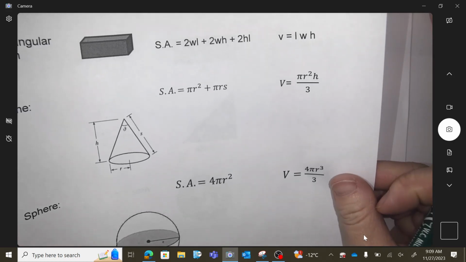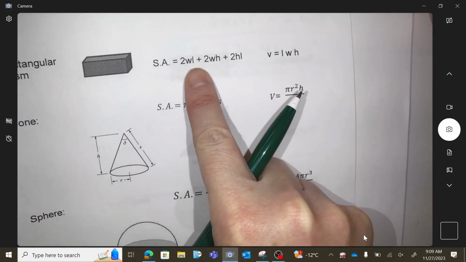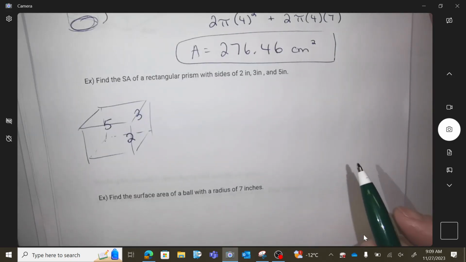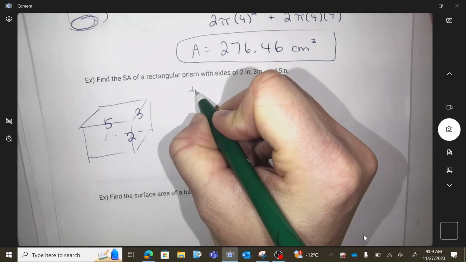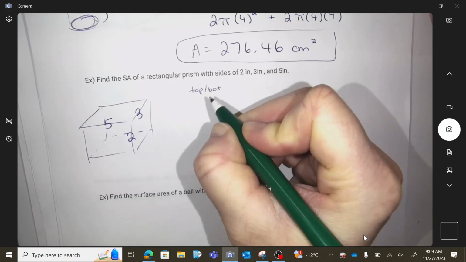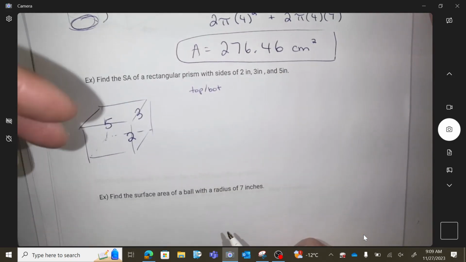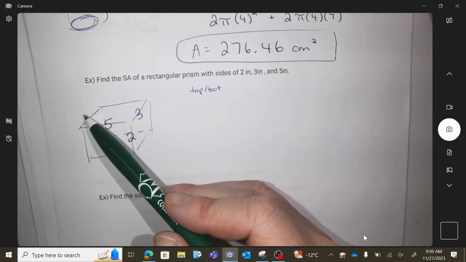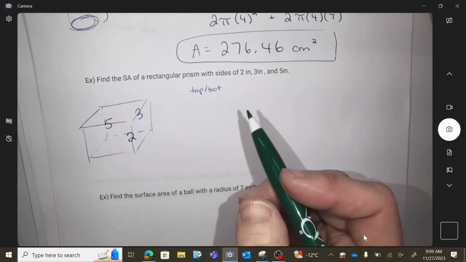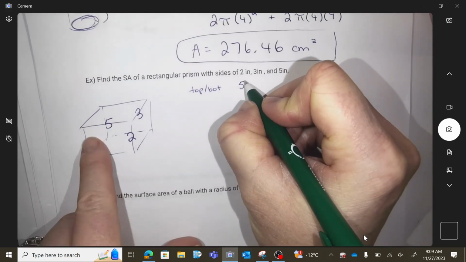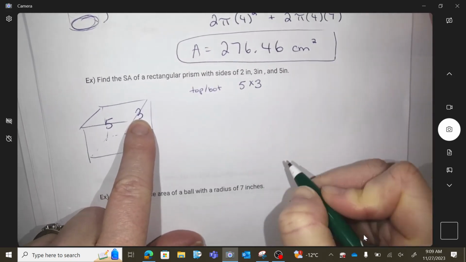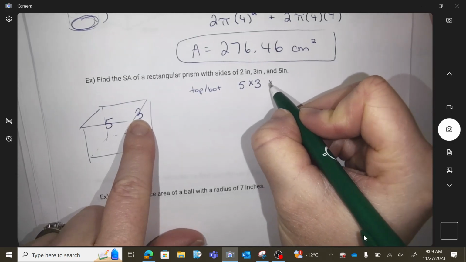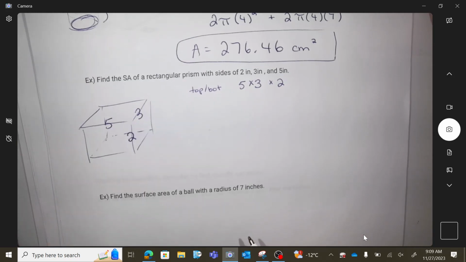This is the formula: 2WL, 2WH, 2HL. Okay, I don't use it. I go like this. Top, bottom. So the top and the bottom of the box. What are the dimensions of my top? It's a 5 times 3 rectangle. And guess what? There'll be 2 of them, right? Because top and bottom.